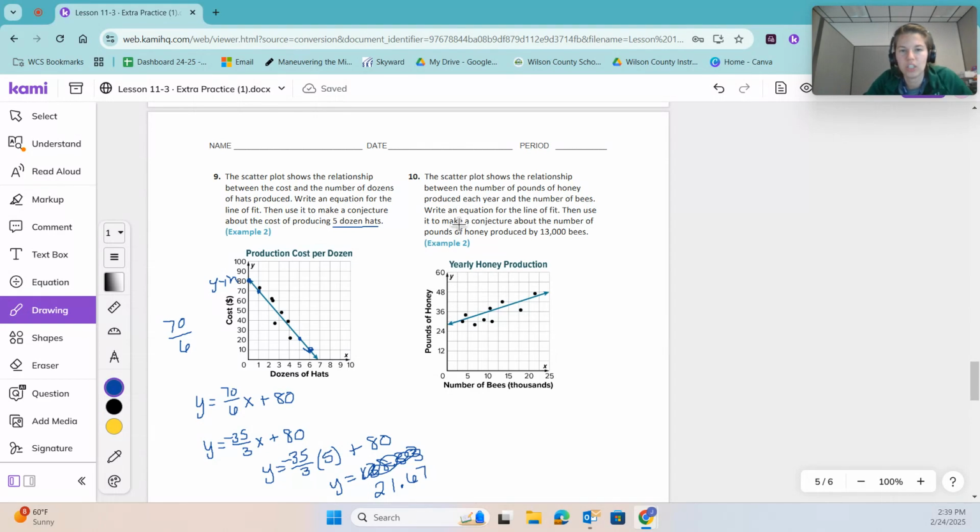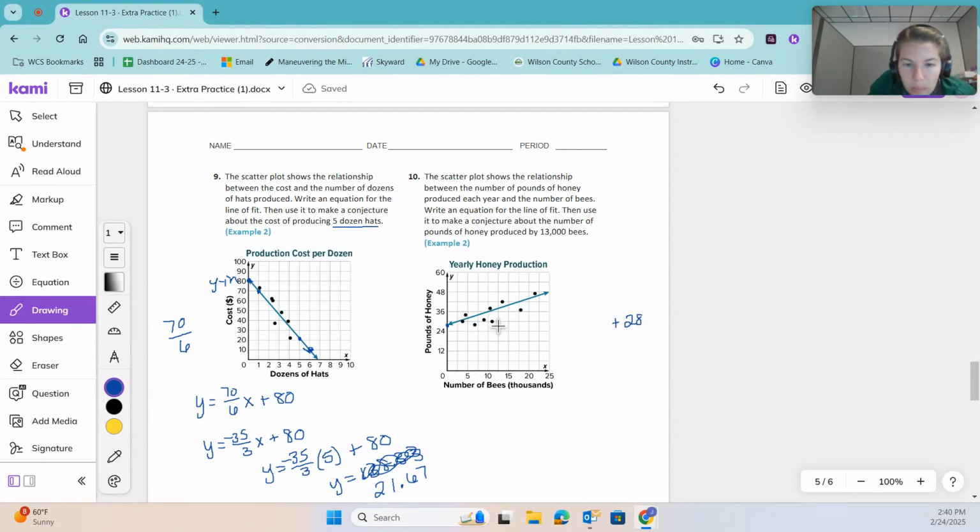Let's do one more like this together. The scatter plot shows the relationship between the number of pounds of honey produced each year and the number of bees. Write an equation for the line of best fit. So this is 24. We're counting by sixes here. It's about 28, so 28 is going to be my y-intercept.